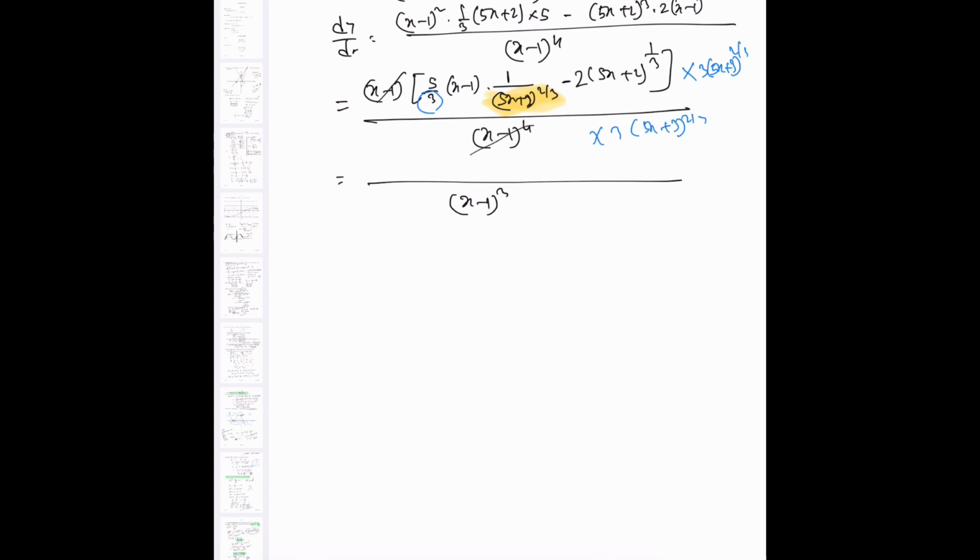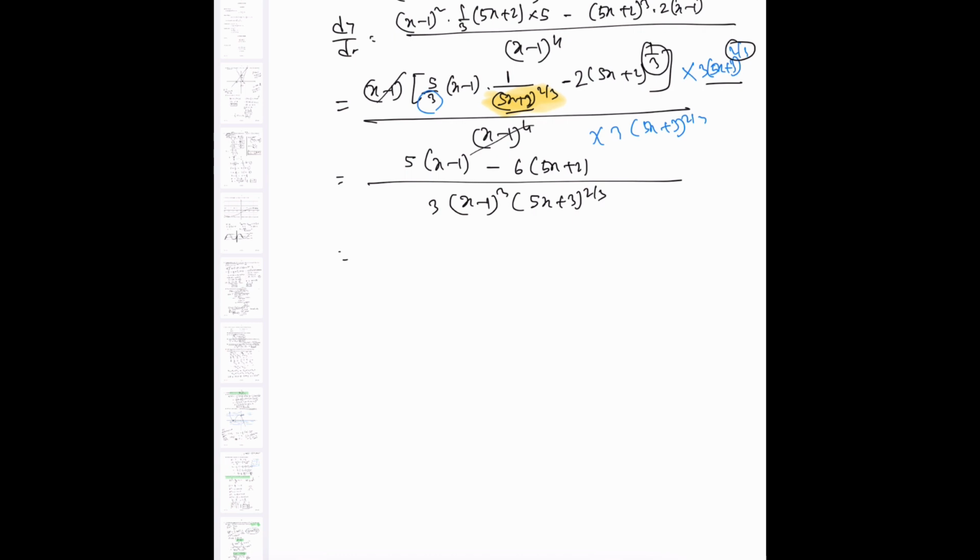Let me write here, 3 will be here because there will be no change in the denominators. On top, if I multiply this one and that one, the 3 cancels, so 5(x minus 1) remaining. Then 3 to the 6 and there will be (5x plus 2) to the power 1 by 3 plus 2 by 3 added. If you use a calculator, that will be 1, so no need to write 1.